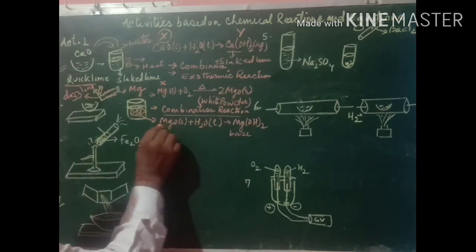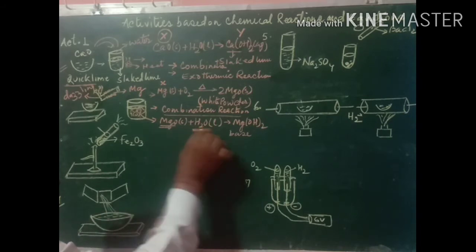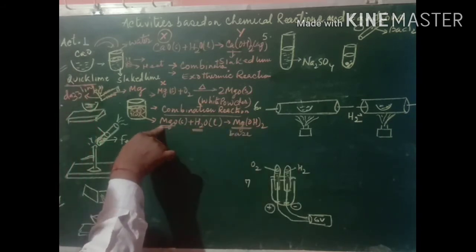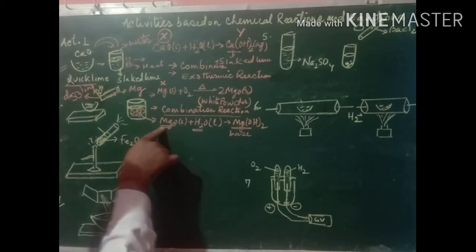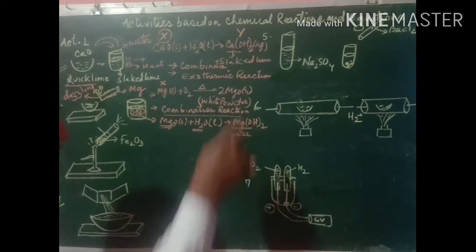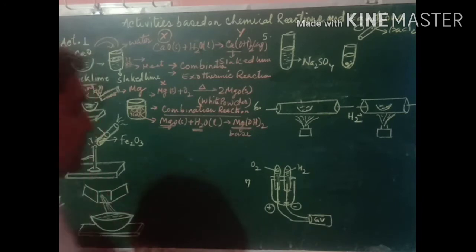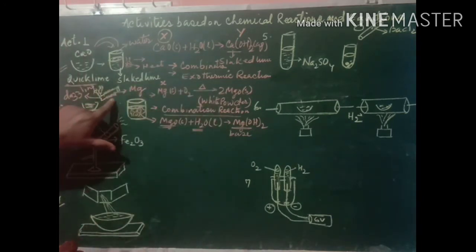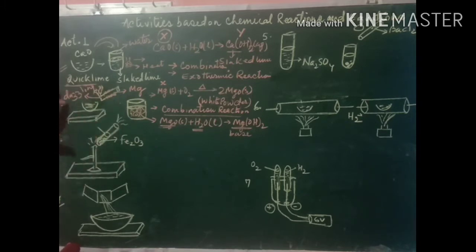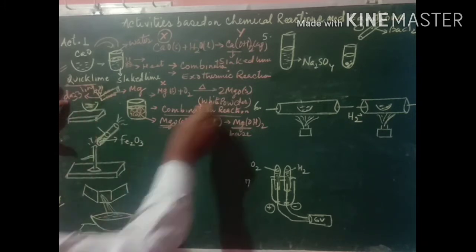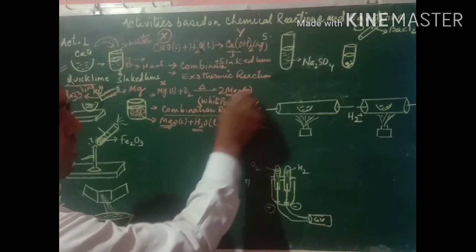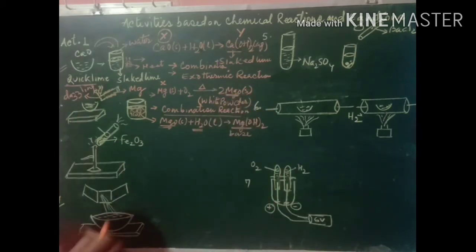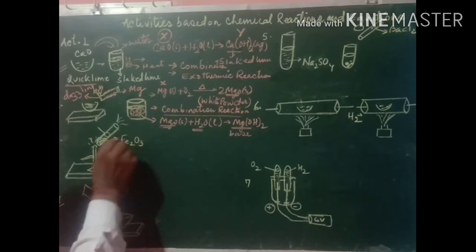As it is a metallic oxide, when a metallic oxide is dissolved in water, it will definitely form bases. So the second experiment was that when magnesium ribbon is burned in air, it burns with dazzling light and forms magnesium oxide, the white powdery substance.